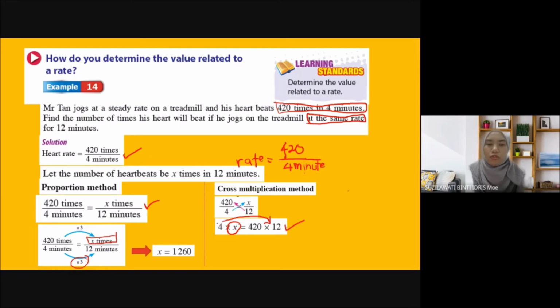If you are going to bring it to the other side, you need to divide it by 4. Bila kita pindahkan dia, kita hanya nak cari nilai x, jadi kita perlu pindahkan nombor 4 tersebut ke sebelah kanan, sebabnya 4x tu ialah proses darab, 4 times x. Jadi bila kita pindah sebelah kanan, dia akan jadi bahagi nombor 4 tersebut.